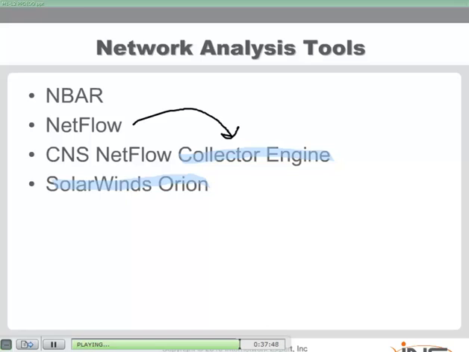But what I want to emphasize to you is the fact that NBAR and NetFlow are built right into most of your Cisco devices, and they do indeed have some limited, but something is better than nothing, reporting that we can do at the command line.